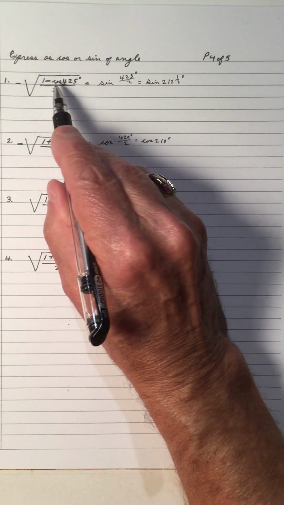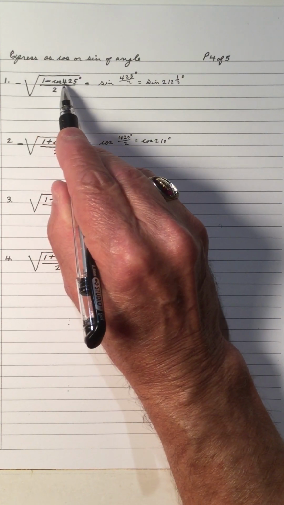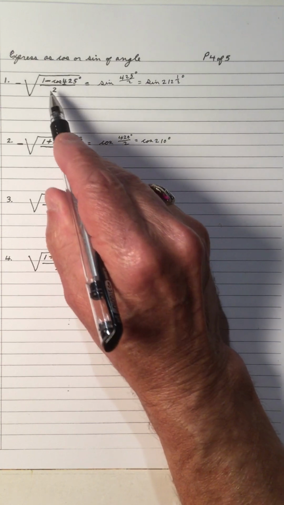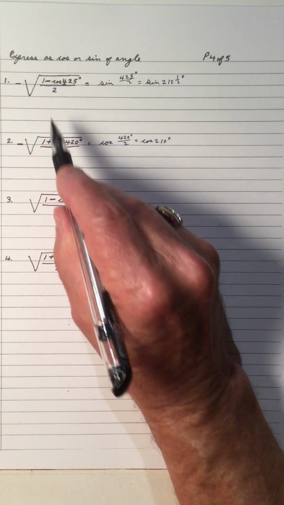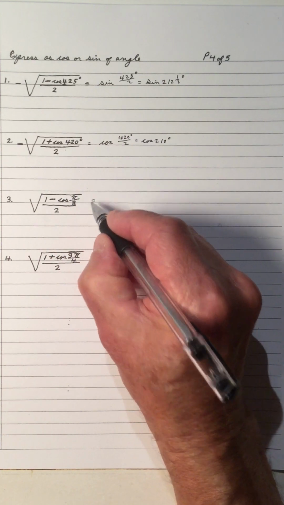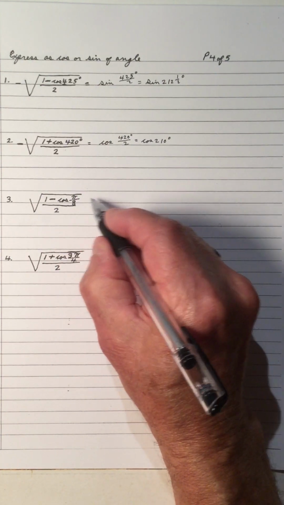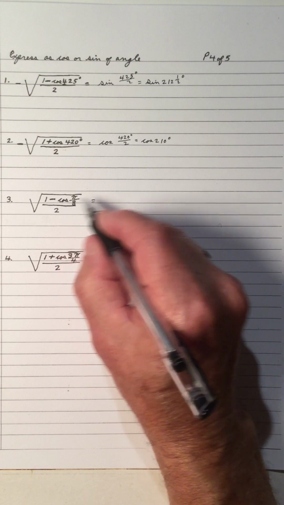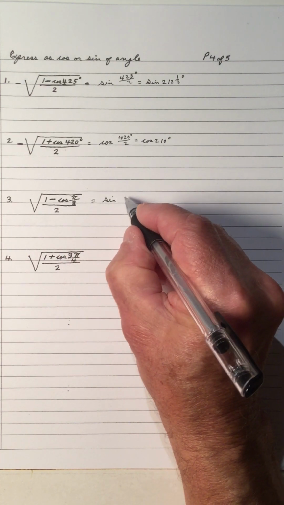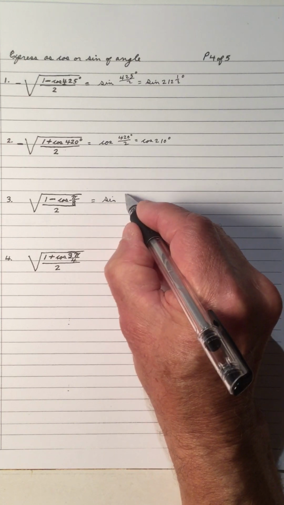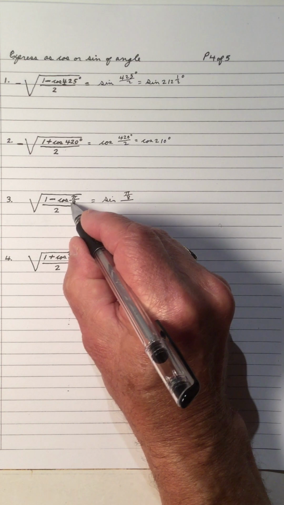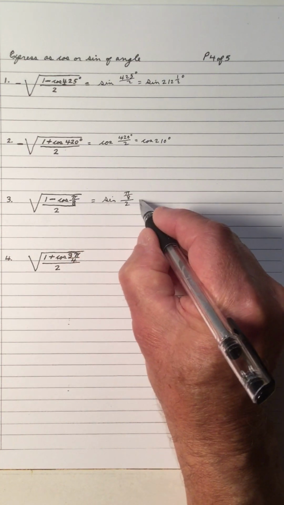So if you have 1 minus cos over 2, 1 plus cos over 2, whatever angle is here, then the minus is the sine, the positive is the cos. And we have a radian here, and we have a minus, so a minus is the sine, so it's the sine of this angle, which is pi over 8 as a radian, so it's pi over 8 divided by 2.